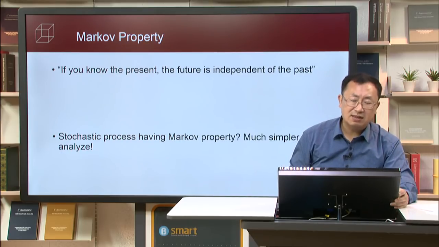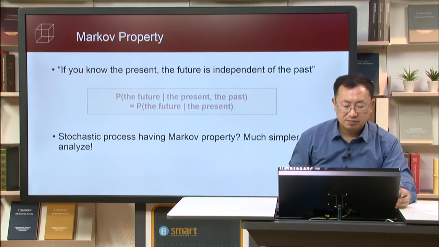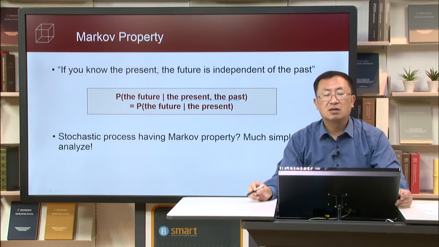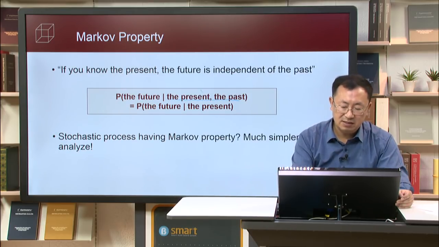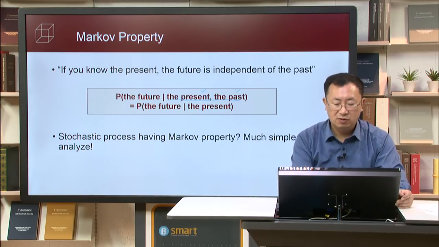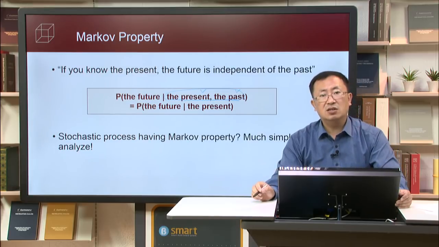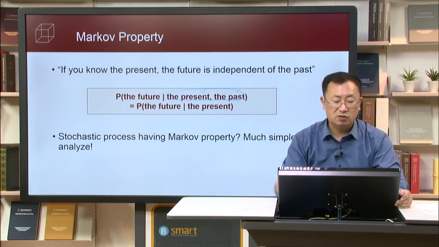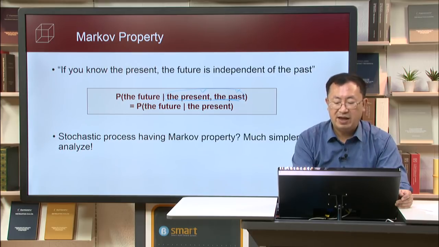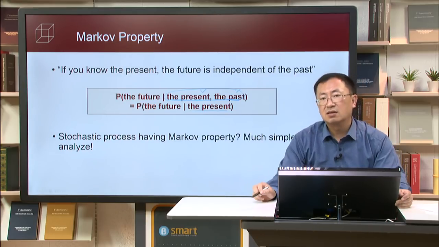Formally, given the history, the past and the present, the conditional probability of the future given the present and the past is the same as the probability of the future given the present.